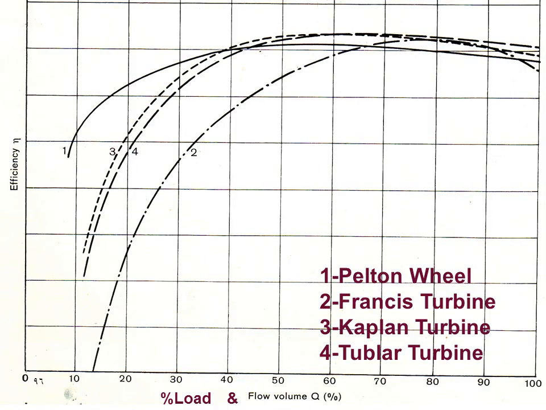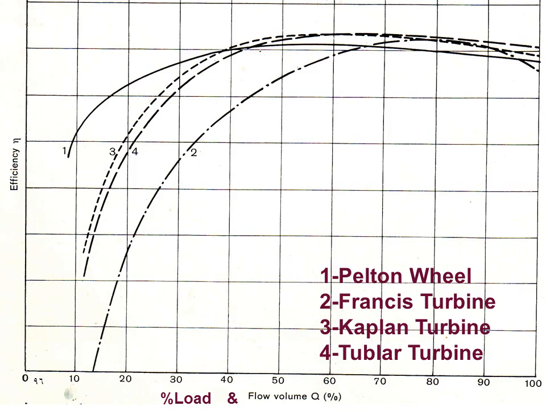Here from this diagram you can find that we have four different turbines: Pelton, Francis, Kaplan, and tubular turbine. We can find that the diagram represents the efficiency as a function of the percentage discharge or the percentage load.